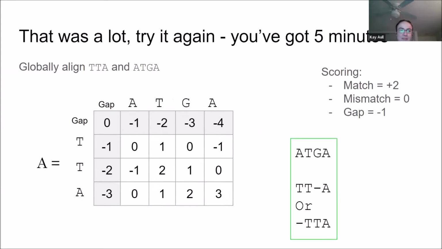All right, hope you got some of these. It's the same approach. And how do you get to your final answer sequence? Starting here, and you are going back to here. Note that you're going back to where you got your answer from. You're not necessarily going back to the best sequence.